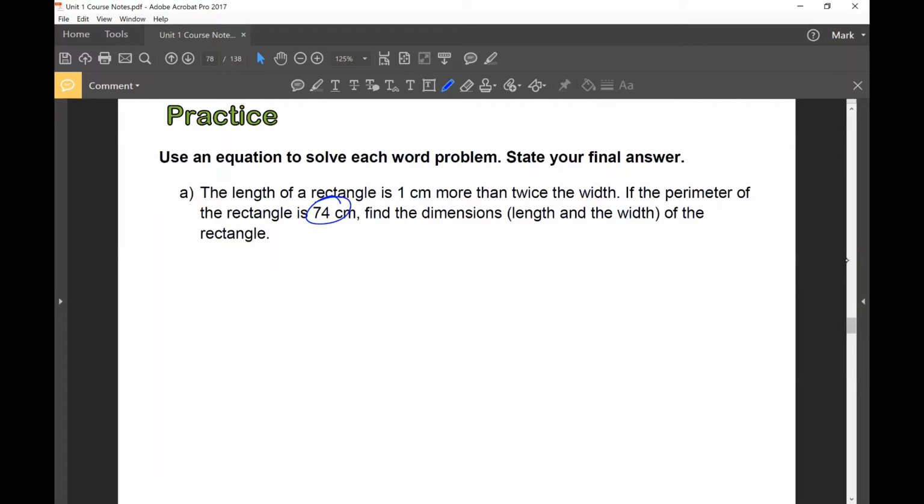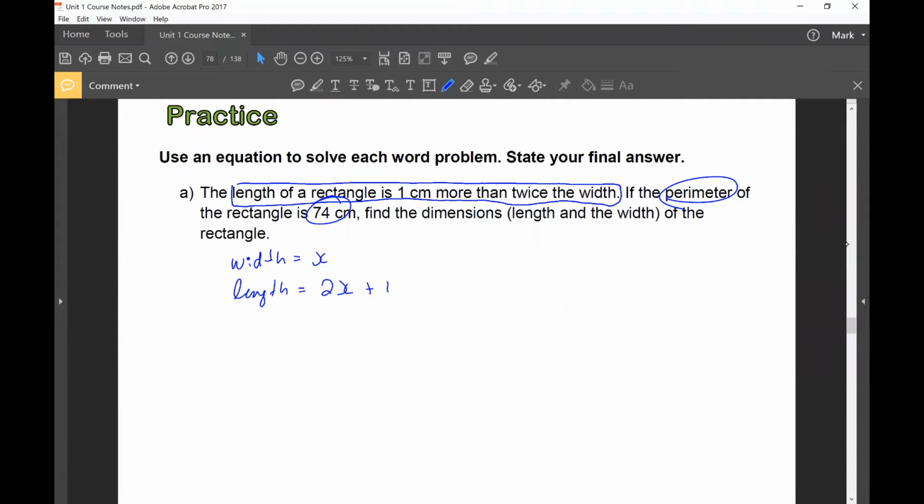Okay. So first, let's set up our variables. The length is giving me a formula. So what I'm going to do is I'm going to say that the width is x, and my length is 2 times my width plus 1. Okay, cool.